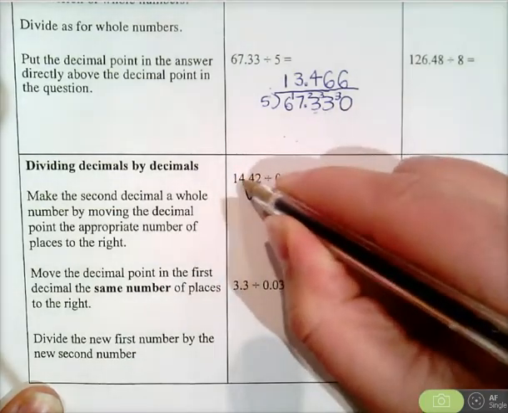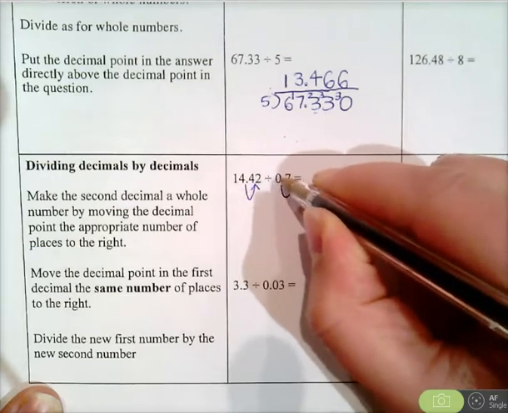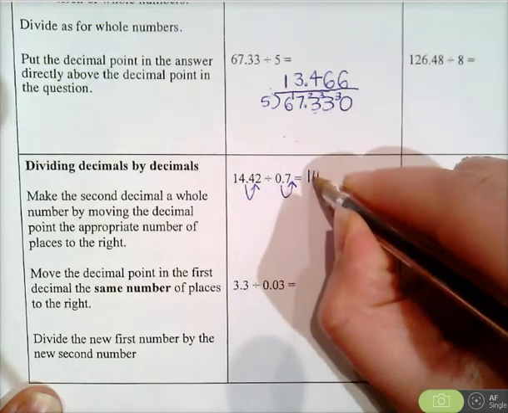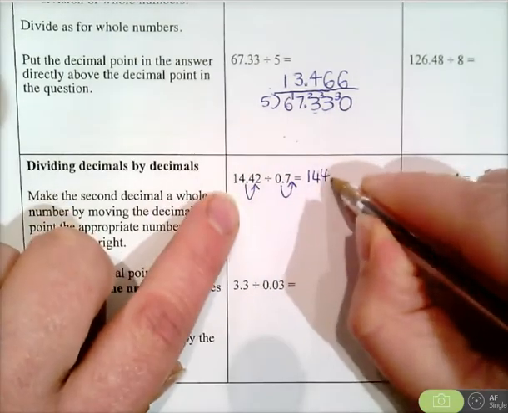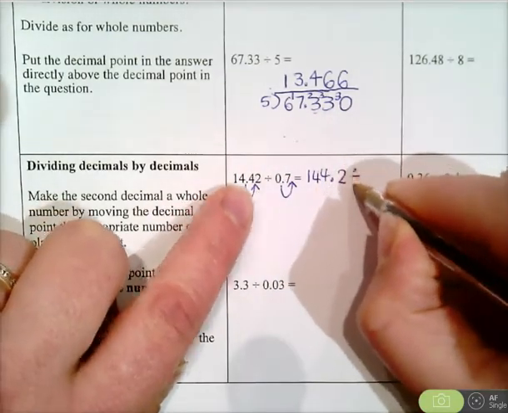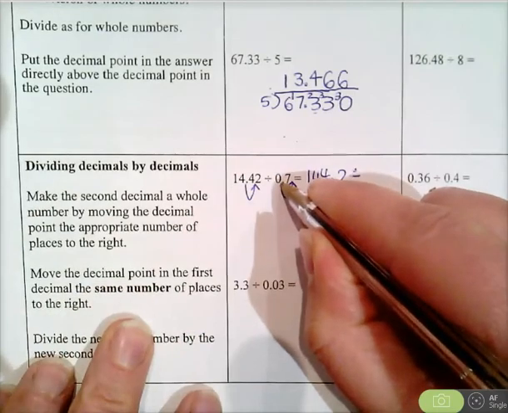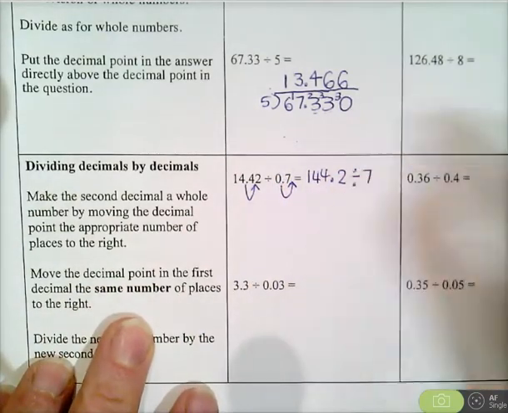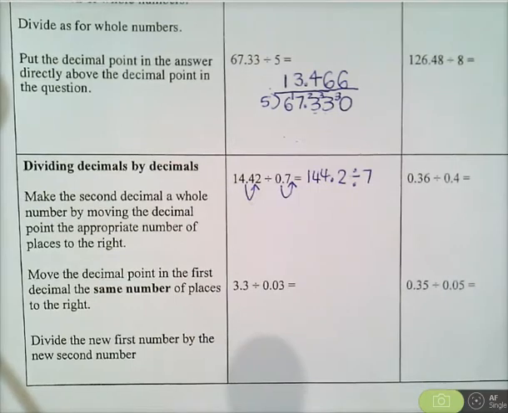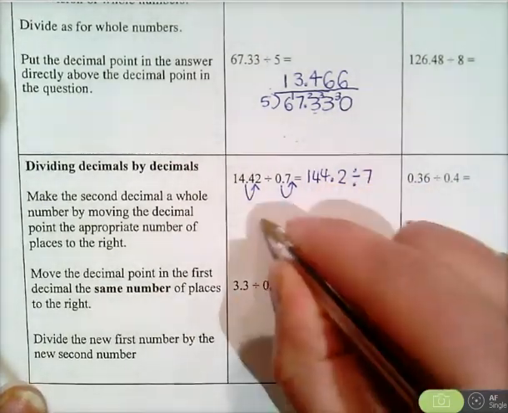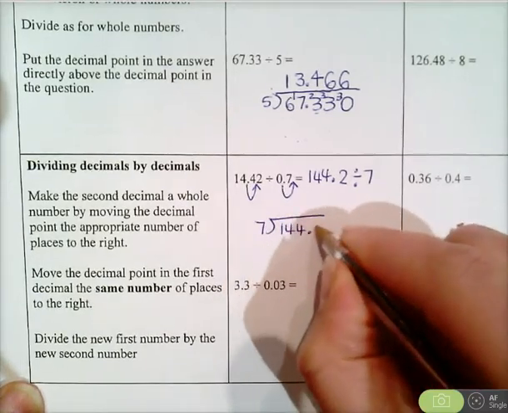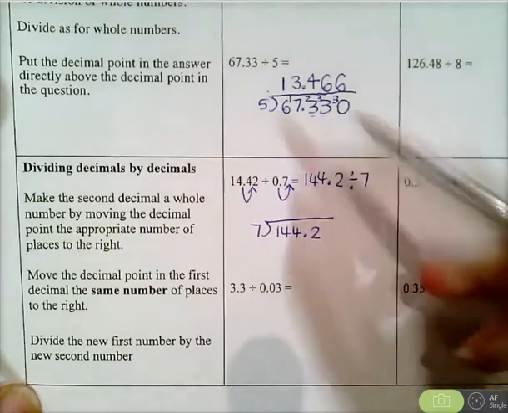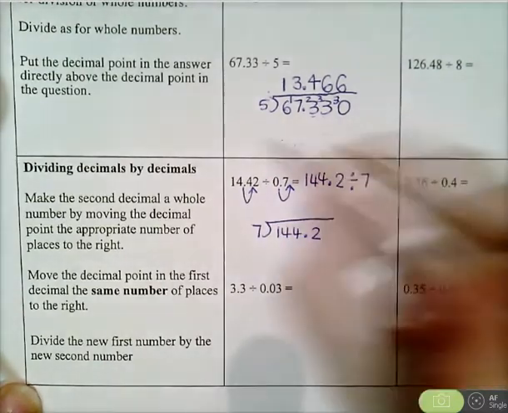So instead of 14.42 divided by 0.7, the decimal points move 1 place to the right, it's going to be 144.2 divided by 7. So now my question is 7 into 144.2. Now we know how to do whole numbers into decimals.